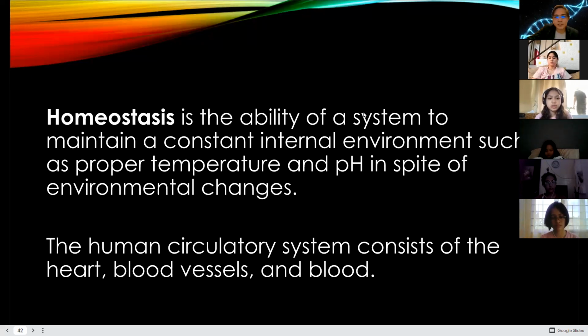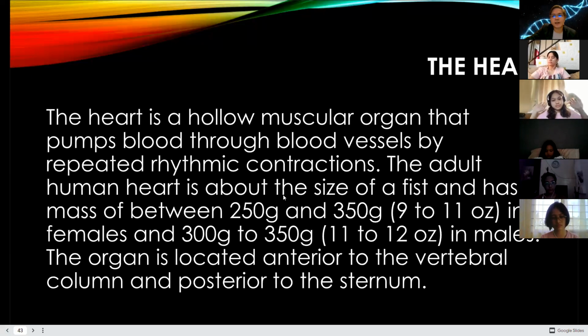The human circulatory system consists of the heart, blood vessels, and blood. Let's take a look at the heart. The heart is a hollow muscular organ that pumps blood through the blood vessels by repeated rhythmic contractions. An adult human heart is about the size of a fist.